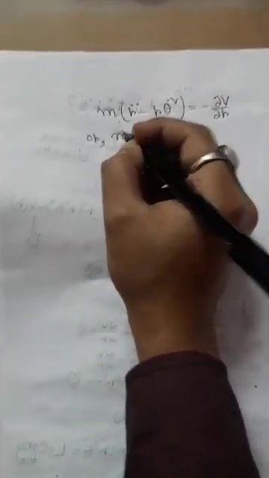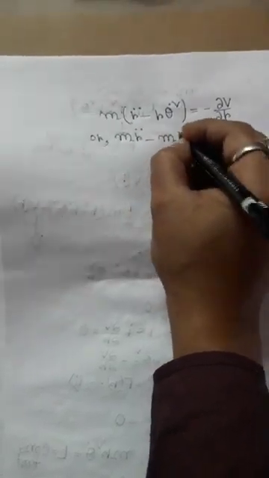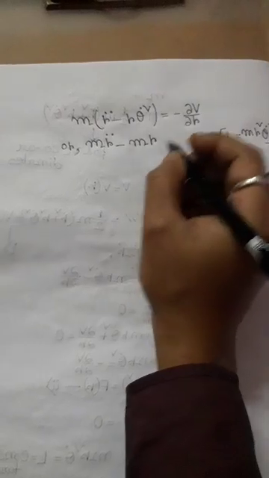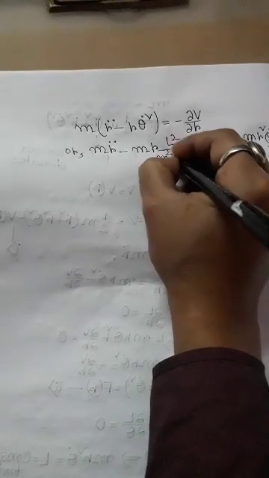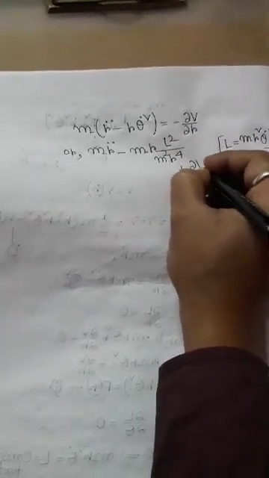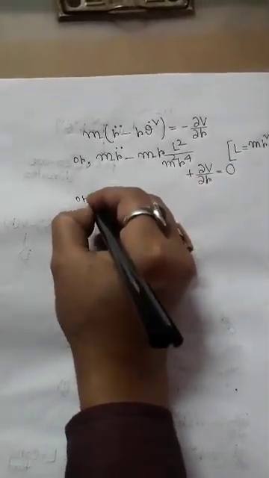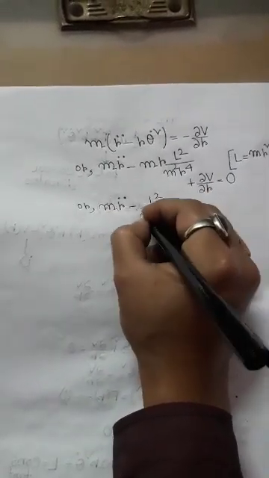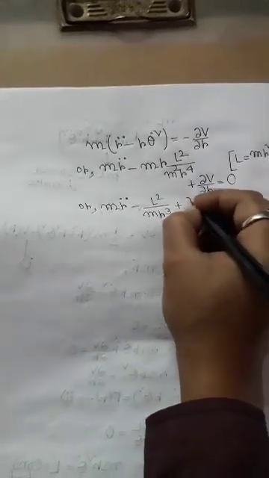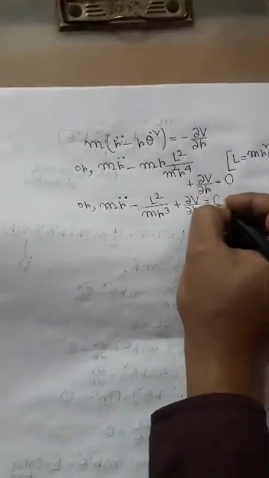Now, we write L equal to m r square theta dot. So from this equation we can write theta dot as L by m r square. Then m r double dot minus L square by m r cube plus del v del r equals 0.